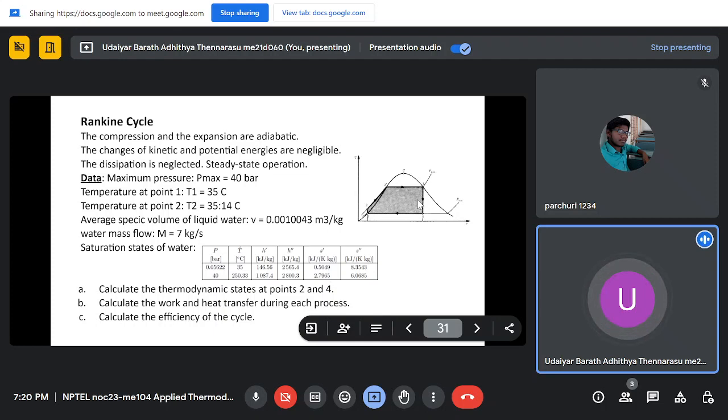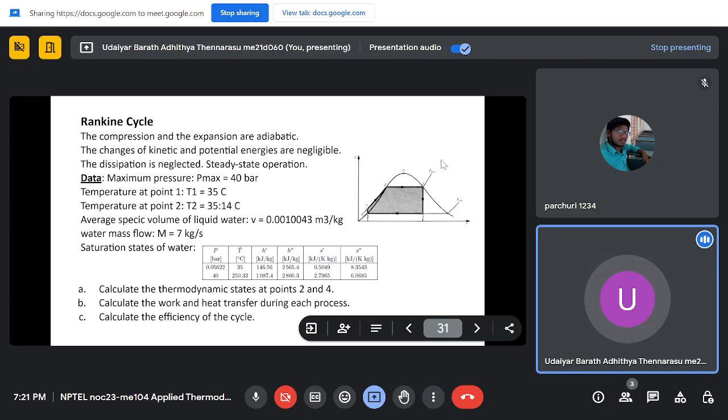Okay, we'll see how this is to be solved. So the first question is we need to find the state points 2 and 4, because we know 1 and 3 from the saturation table which is given, states of water. We know 1 and 3. 1 is at 35 degrees Celsius temperature, so it's at 0.0562 bar. 35 degrees is the normal ambient condition temperature, so that's what is given.